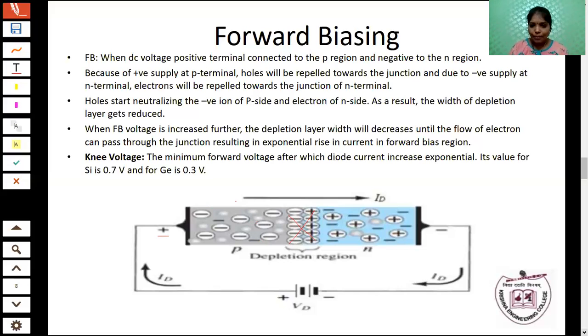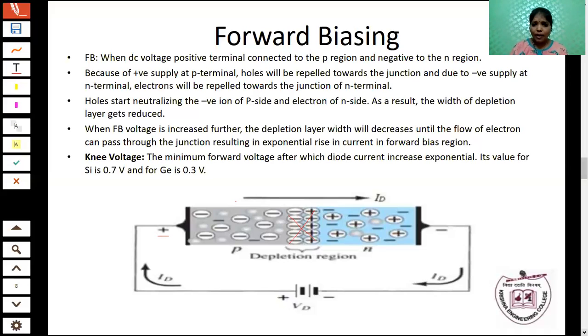Okay. So the main important thing is, when you apply the positive terminal of the battery to the p-type and the negative terminal to the n-type material, the same charges always repel each other. So the electrons move towards the junction of the PN junction diode.